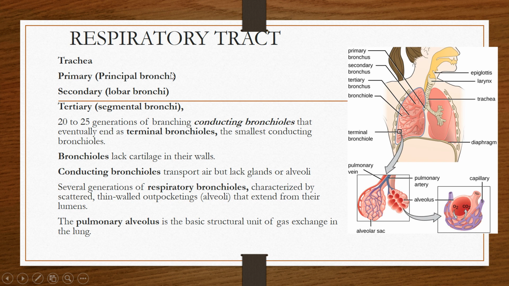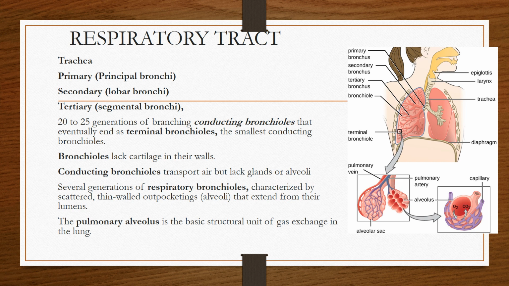Each principal or primary bronchus on one side, right side or left side, will divide according to the lobes. It will divide into 3 secondary or lobar bronchi on the right side and into 2 secondary or lobar bronchi on the left side, according to the number of lobes, 3 on the right and 2 on the left.